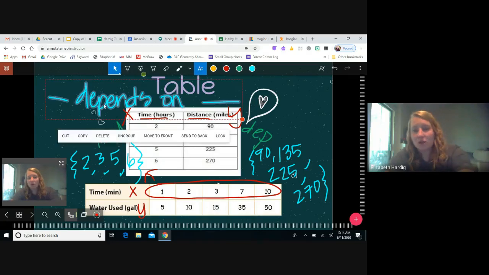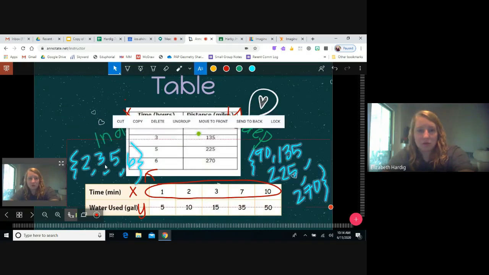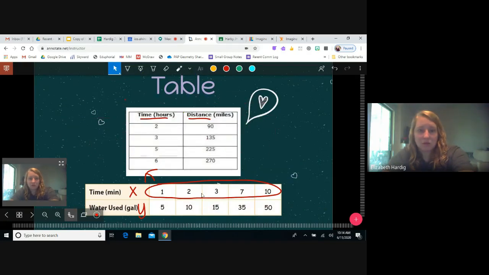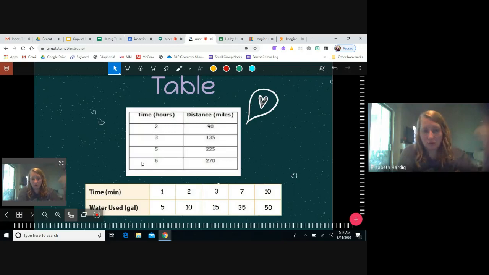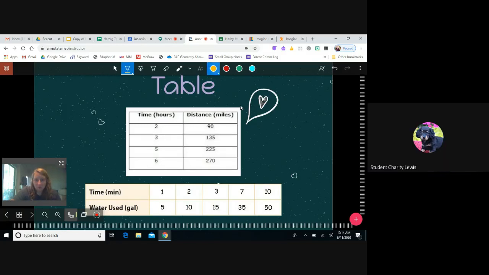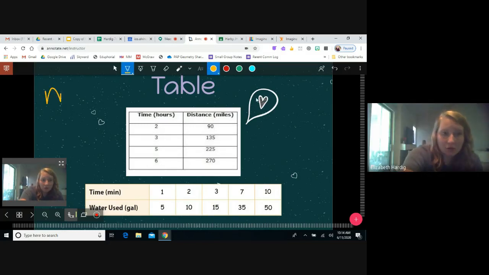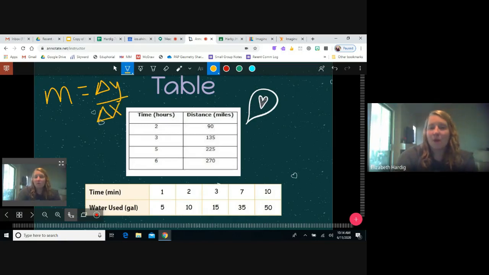And I want to talk a little bit more about something else. When I'm looking at a table, I can find M, which is my rate of change, or my change in Y over my change in X, by looking at the X and Y values.